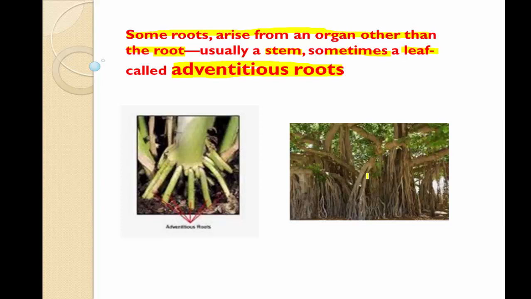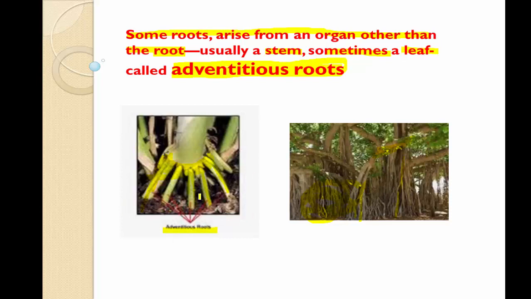To support the main stem and its branches, some roots grow from the branches towards the soil, and these roots are called adventitious roots. Here also you can see the roots growing from the nodal region of the stem, towards the soil, and both of them provide mechanical support. They are called adventitious roots.